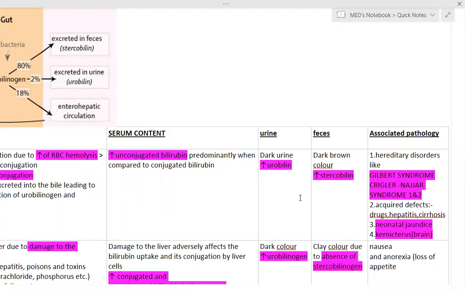Now, what are the associated pathologies connected to this hemolytic jaundice? The associated pathologies include hereditary disorders, like Gilbert syndrome, and Crigler-Najjar syndrome type 1 and type 2. What happens in these syndromes is that there is an enzyme defect.